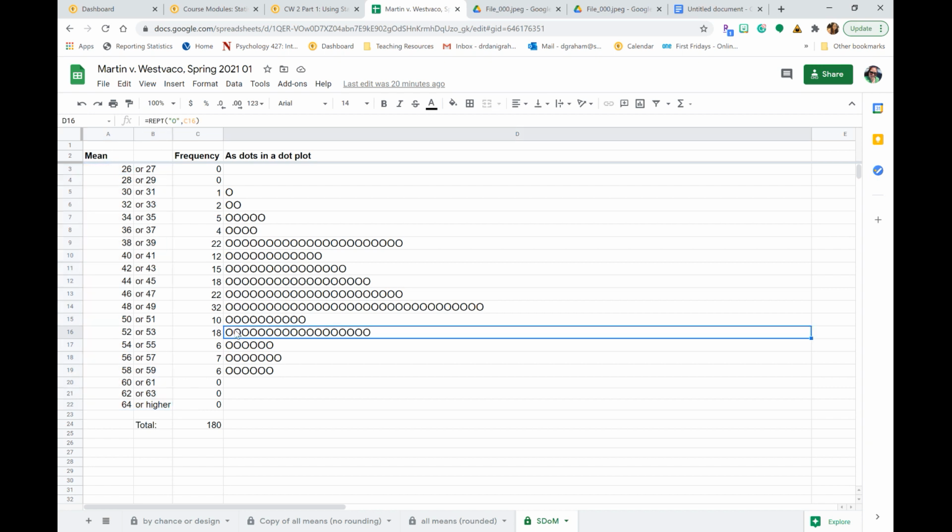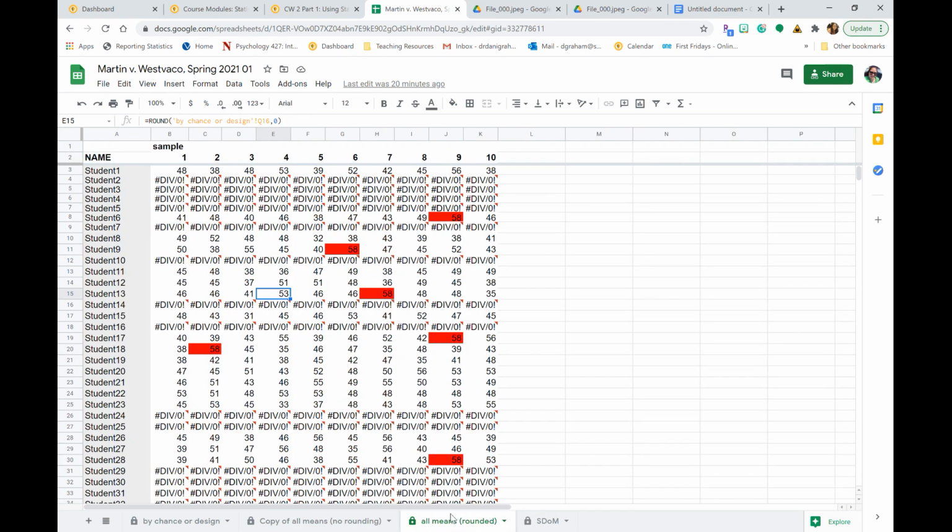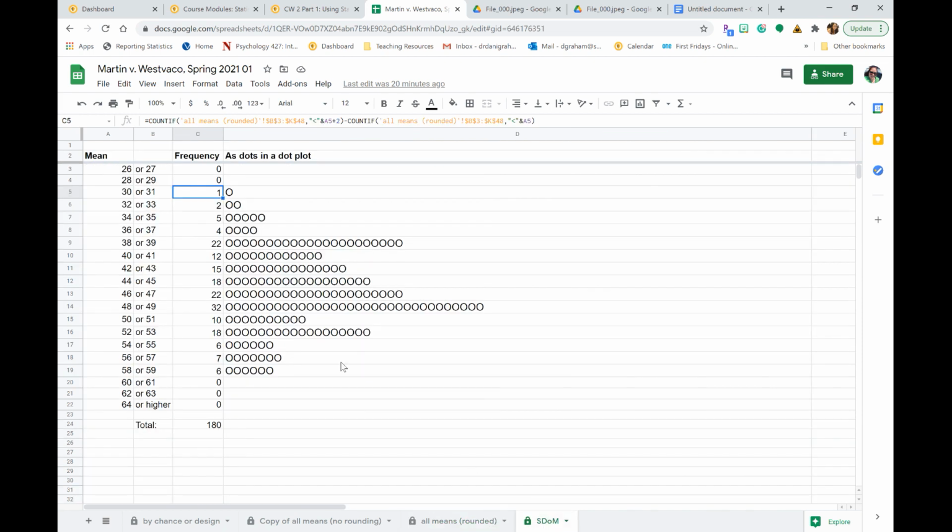Okay. And then what this is doing is it's counting, it's saying, okay, how many of these sample means were 28 or 29? None of them.